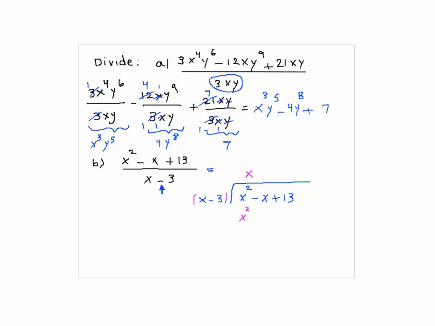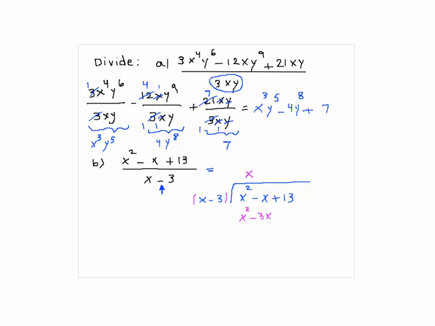Okay, then you put... Renee says multiplied by negative 3. We have to distribute this x by x minus 3. So x times x would be x squared, x times negative 3 would be negative 3x.